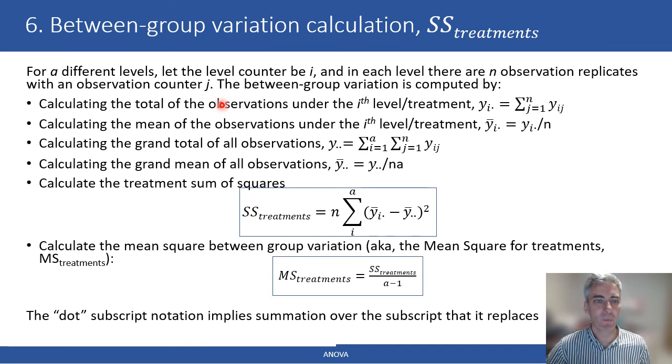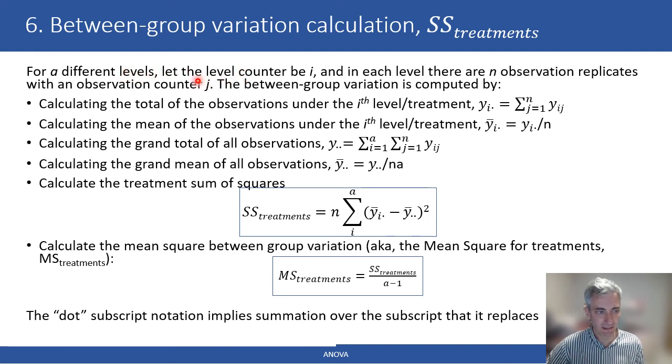So I'm now going to walk you through the method of calculating the between group and in-group variation. So this is part 6 on the list on the previous page. The between group variation is calculated using this equation, which I've put a box around. Imagine that we have A different groups or A different levels, and within each group we've got data or measurements.